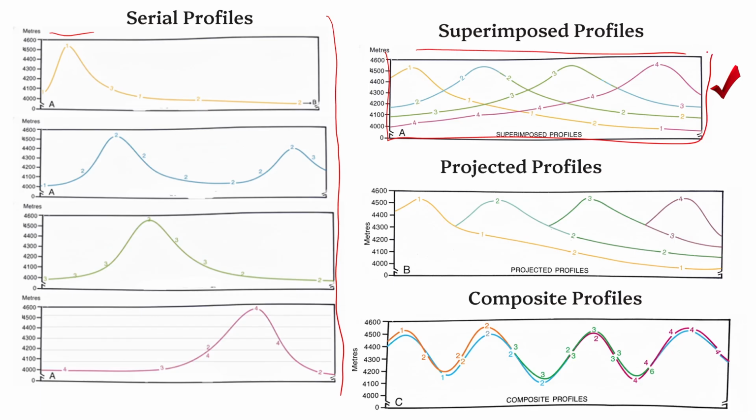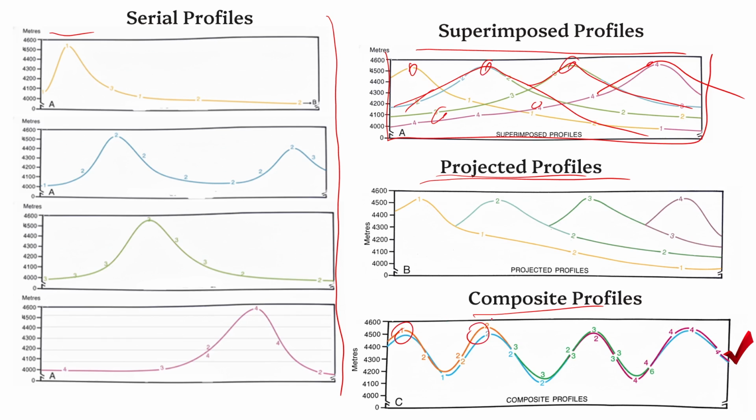Then the projected profile: you erase all these things, and what we can mainly see, that we call the projected profile. Then the composite profile: if you take a superimposed profile, whichever is the highest elevation, only that we draw, and that is the composite profile.